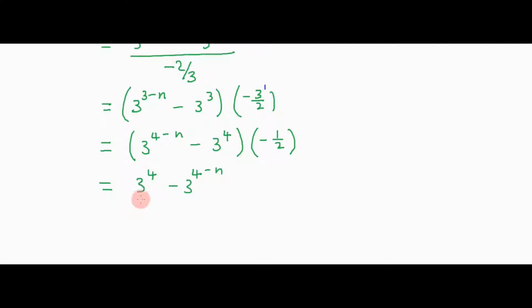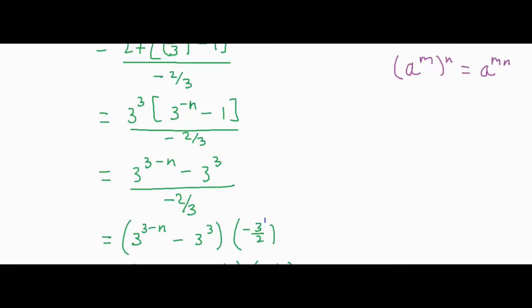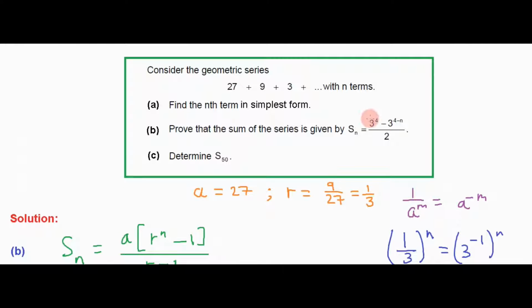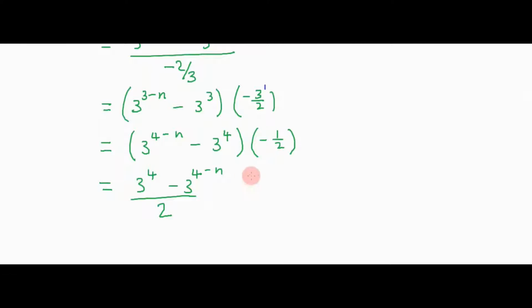And this is all over 2. And we have proved what we were required to prove. If you look at the question, 3 to the 4 minus 3 to the 4 minus n over 2. So this is then the equation for the general sum, S sub n.